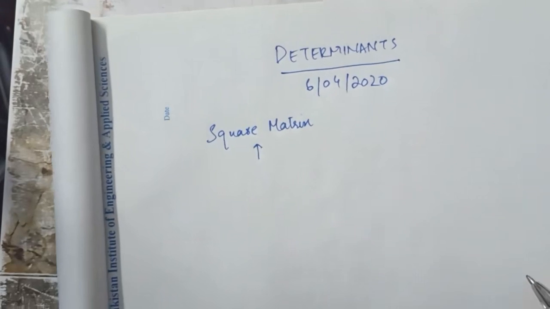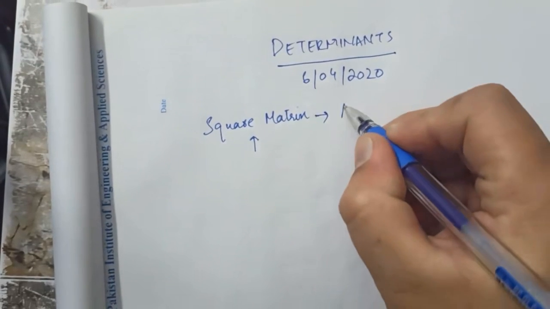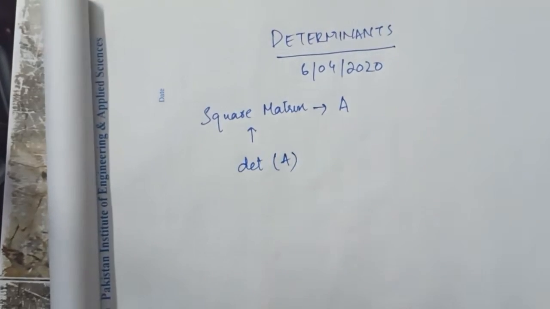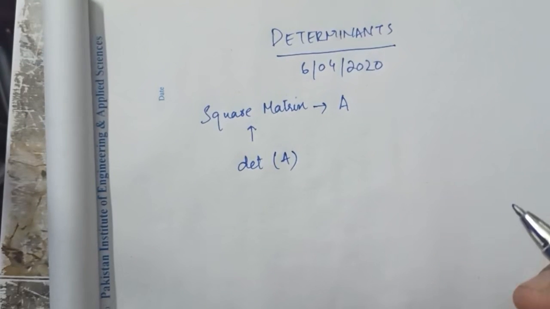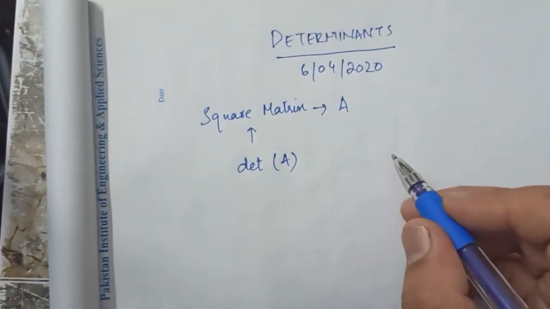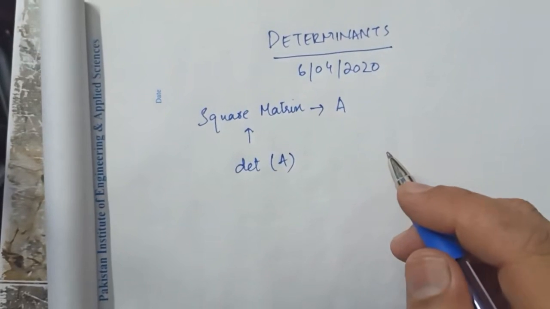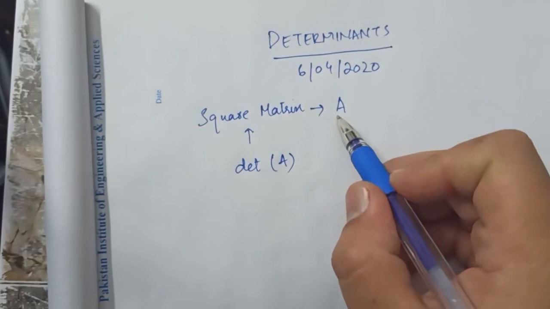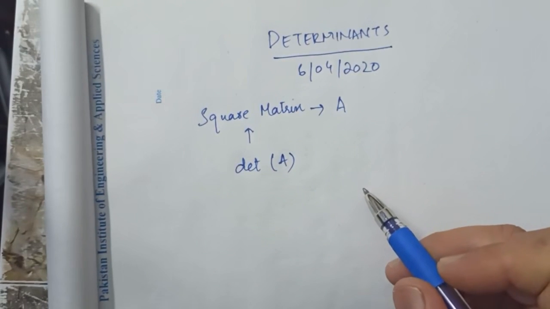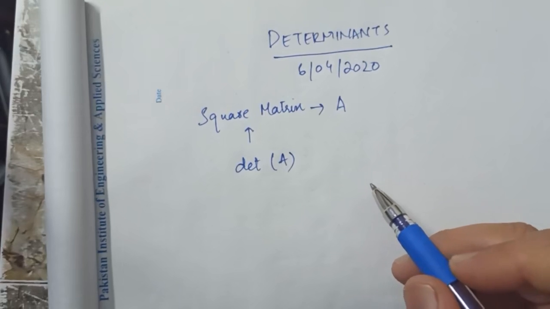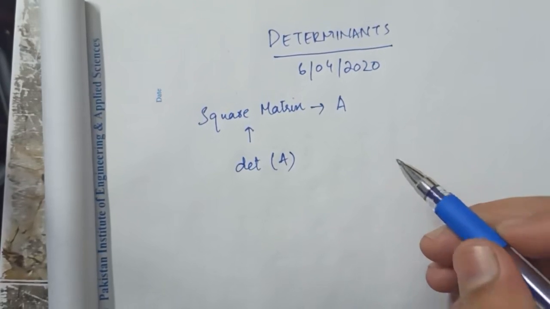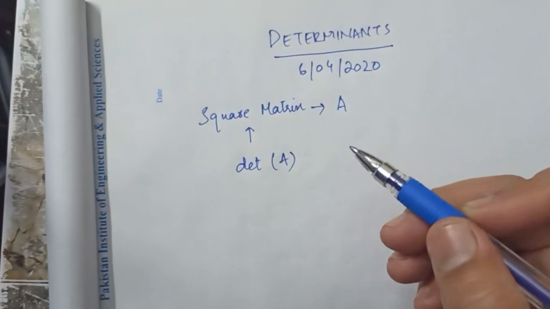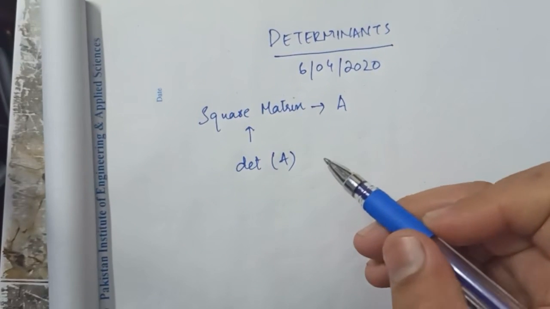Generally, if this square matrix is denoted by A, the determinant of this square matrix is denoted by determinant of A. Geometrically, as we will see at the end of this lecture, it can be viewed as the area scaling and volume scaling factor of the linear transformation described by this matrix A. It is also the signed volume of the n-dimensional parallelepiped spanned by the column or row vectors of this matrix A. The determinant is positive or negative according to whether this linear transformation preserves or reverses the orientation of the space.